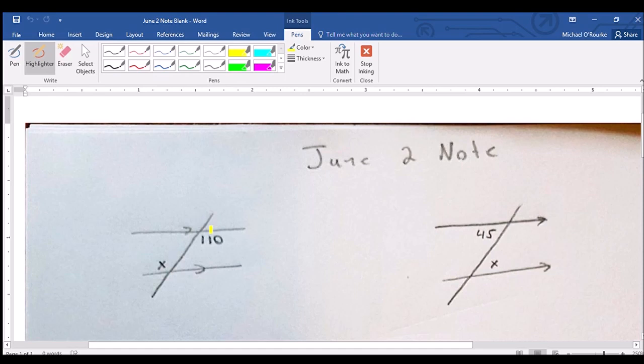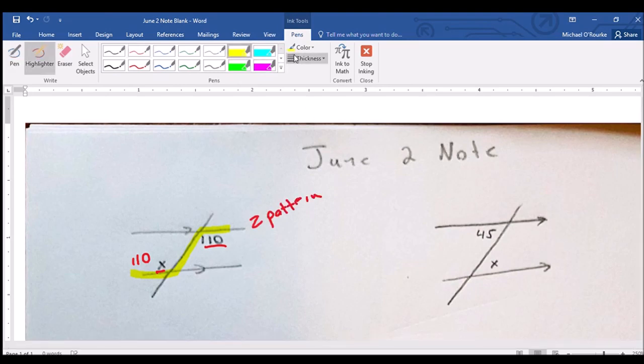Well, a C and an F won't work because they stay on the same side. So we need to go to a Z pattern. And as you remember, in the Z pattern, this angle matches this angle. So it means 110. So all we have to do is write Z pattern.